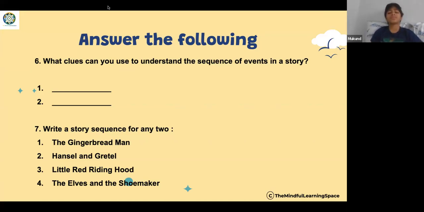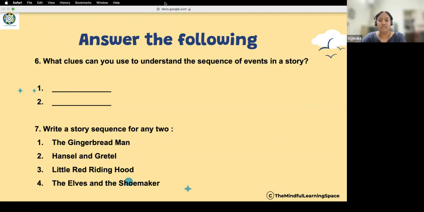Sequence. What happened first? What happens next? Don't write the full story, okay? You can choose any two, Chitra.